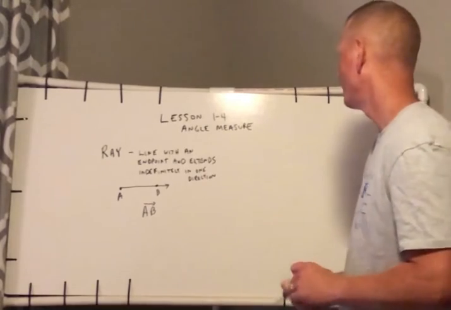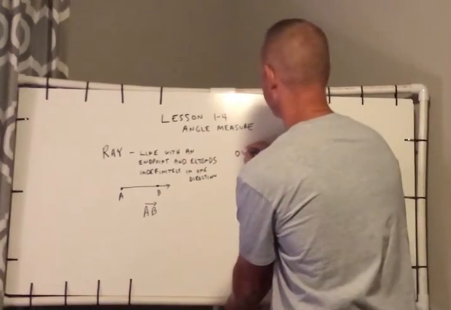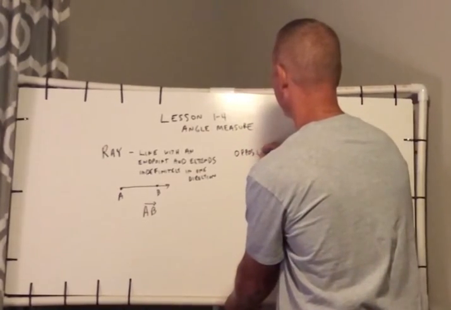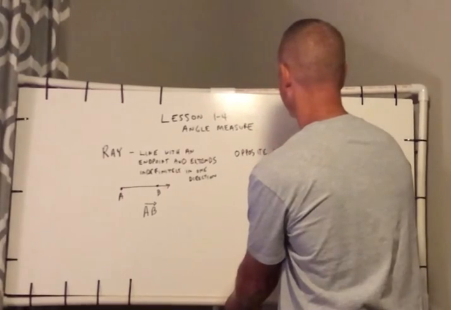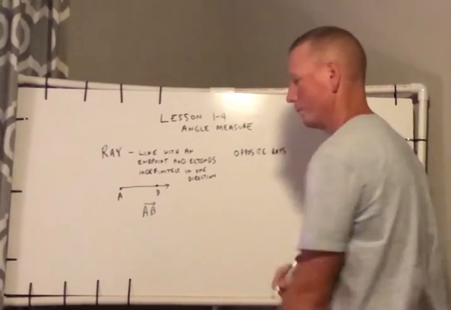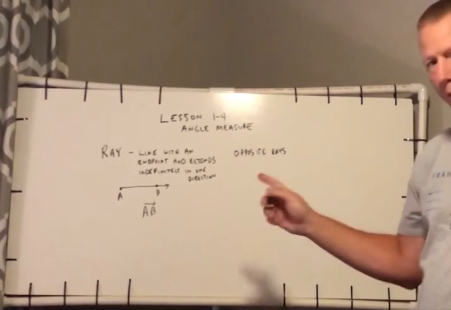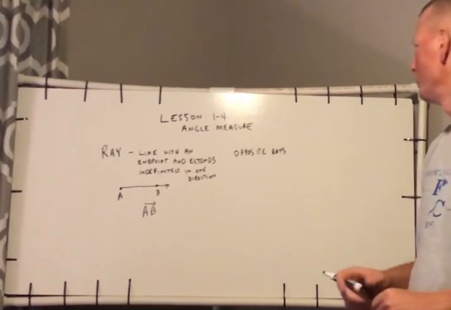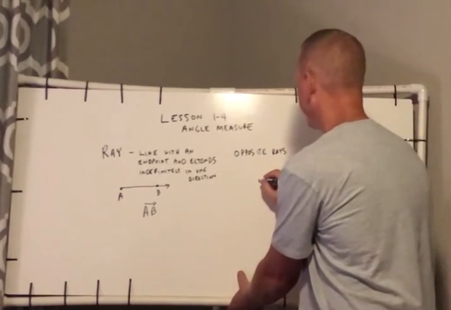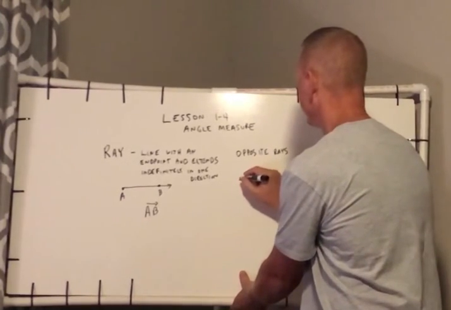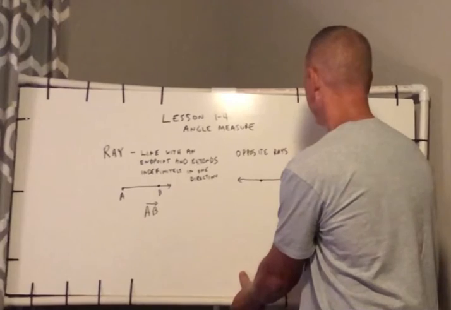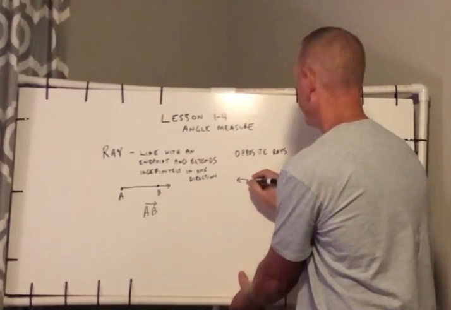We say opposite rays share a common endpoint and they go in opposite directions. So a picture of that would look something like this. Here's the endpoint.